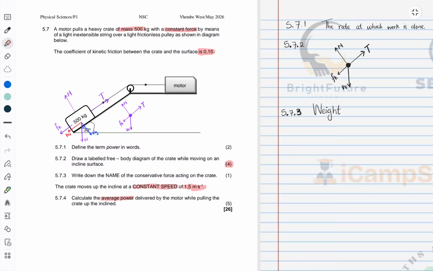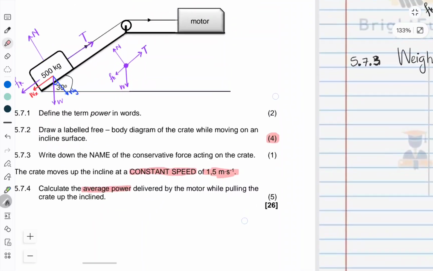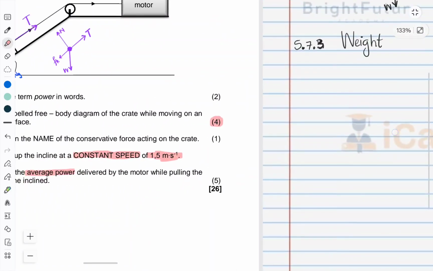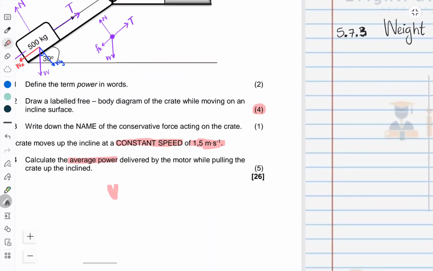This is 5 marks. Okay, so let us start. We know the following: acceleration is 0, and the speed is 1.5 meters per second.